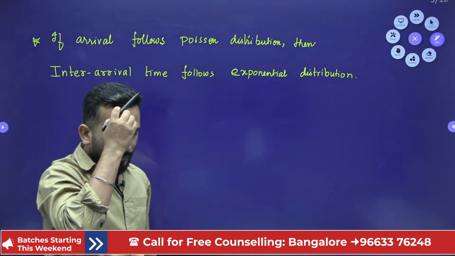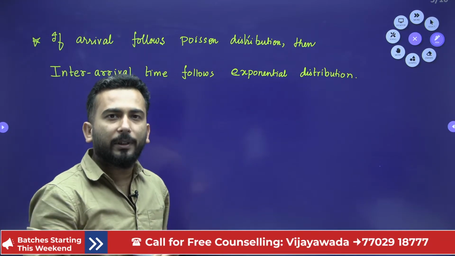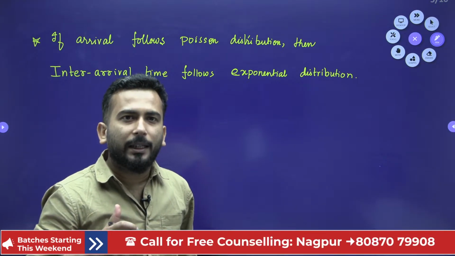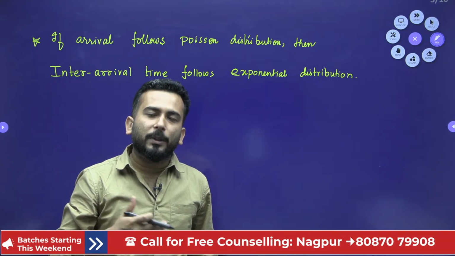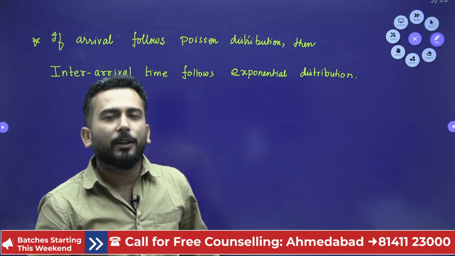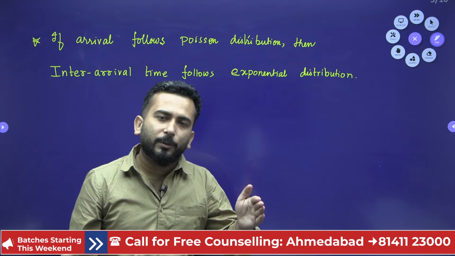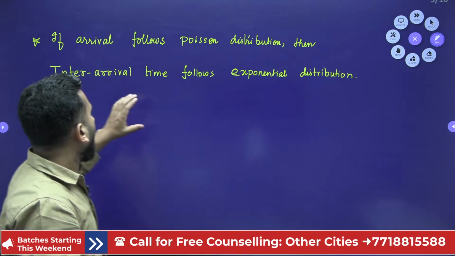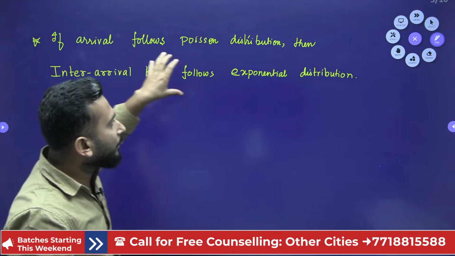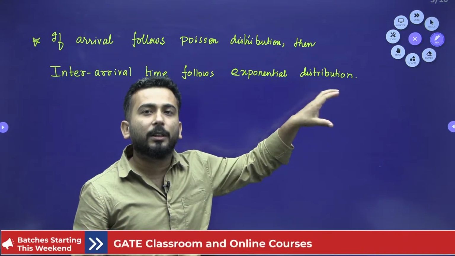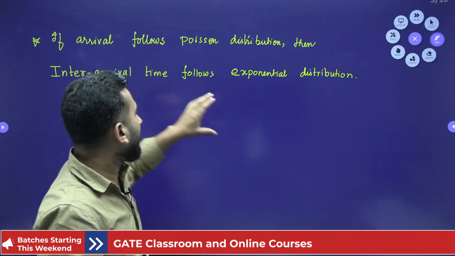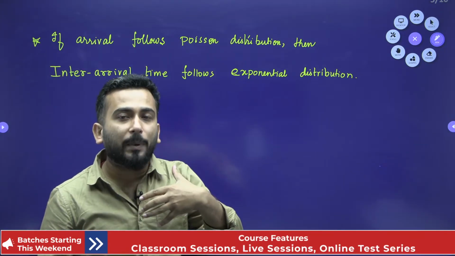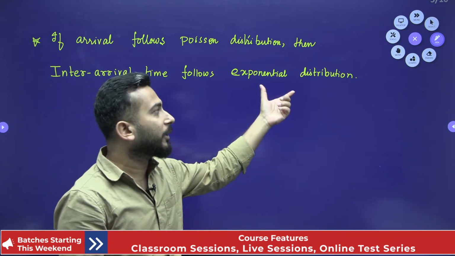Similarly, my dear friends, if arrival is following Poisson distribution, departure will also take place. If you are arriving at a bank, you must be departing from the bank also. So arrival follows Poisson distribution, so departure will also follow Poisson distribution. Inter-arrival time follows exponential distribution, so inter-departure time will also follow exponential distribution.